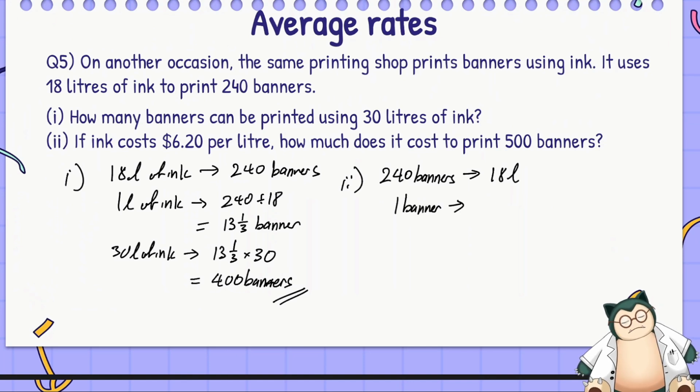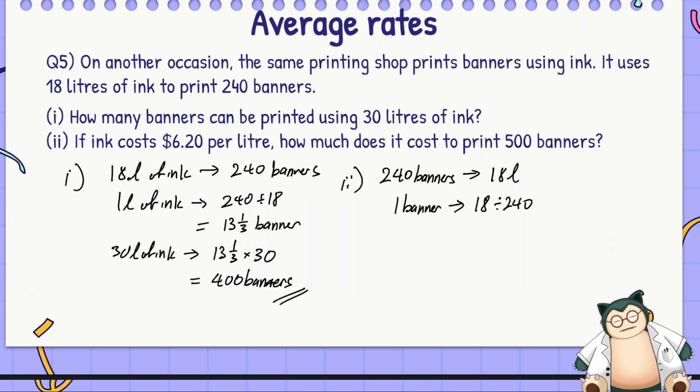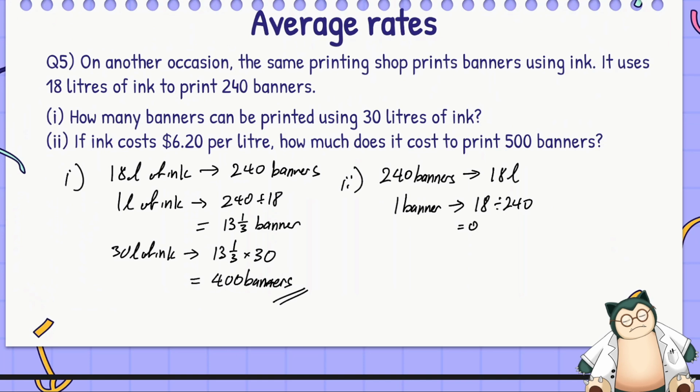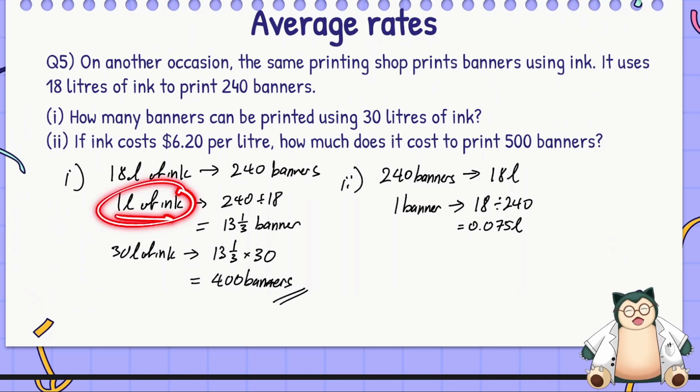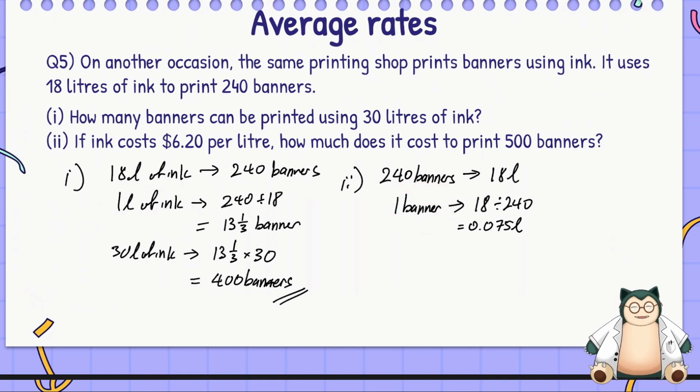One banner is 18 divided by 240, which gives us 0.075 liters. What we are doing in this case is flipping the quantity that you want to focus on. Instead of making ink the subject of your rate, now you have to make banner the subject of your rate.